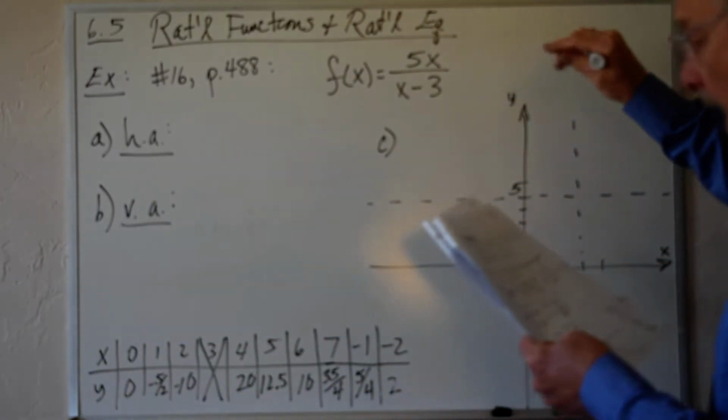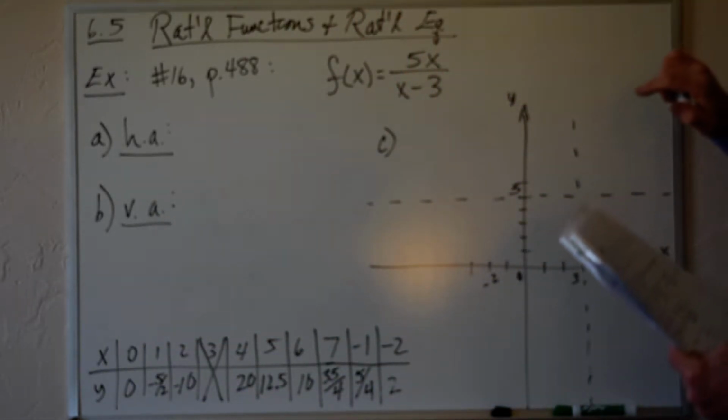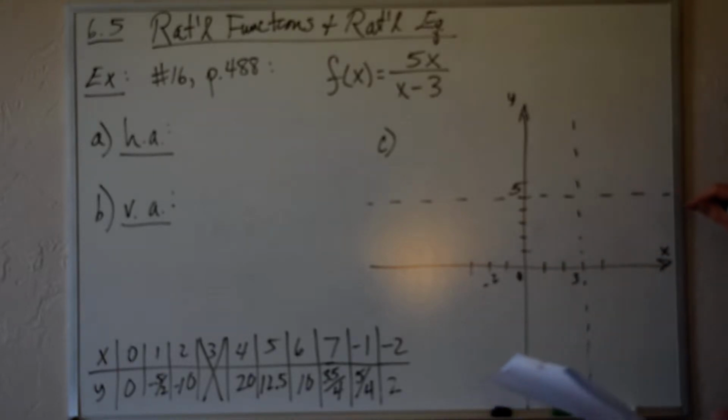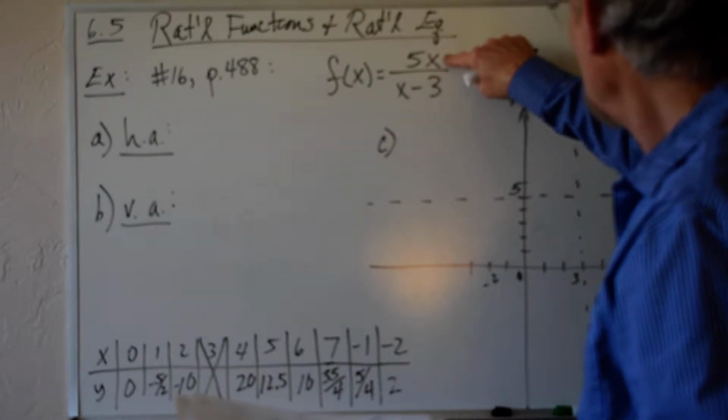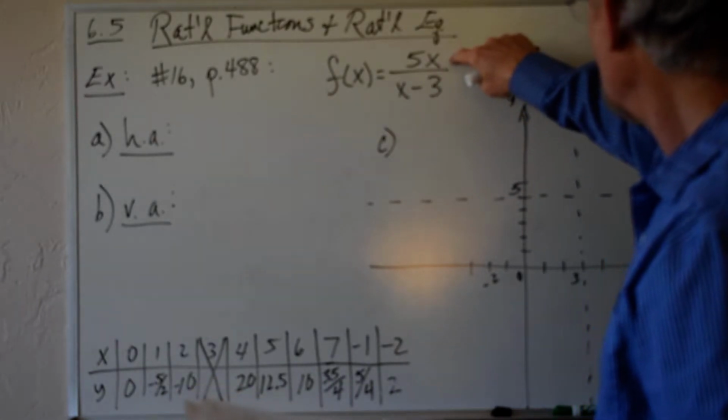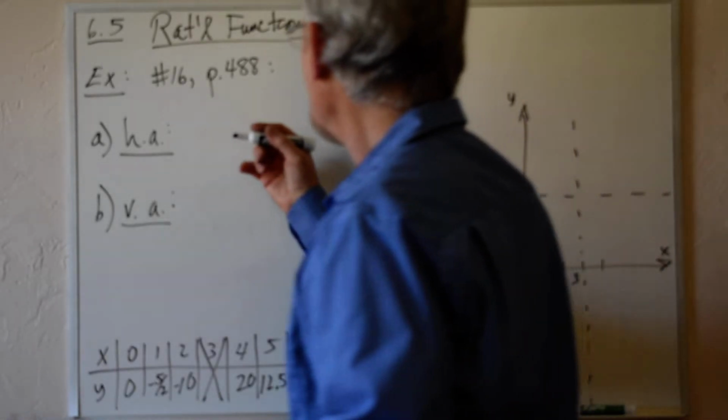Well, m is the degree of the denominator, right? And it's 1. N is the degree of the numerator, and it's 1.